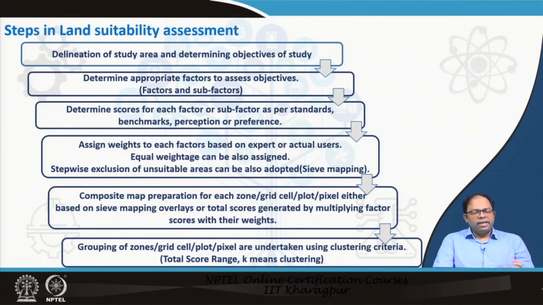So that means we need to determine the scores for each of these factors and sub factors, and it has to be related. And when we give scores, we can always assess using various criteria. For example, if it is land price, I may decide that a certain land value range could be assigned a certain score, but usually if these values are normalized at the end, then automatically we can evaluate all of them in the same way.